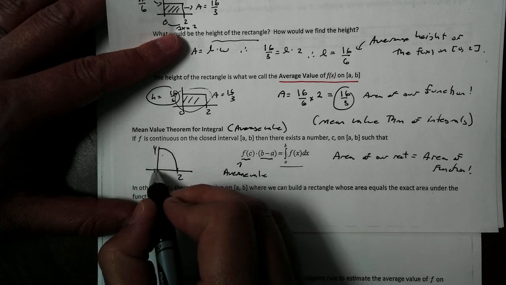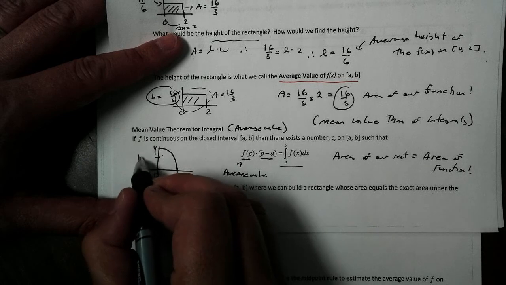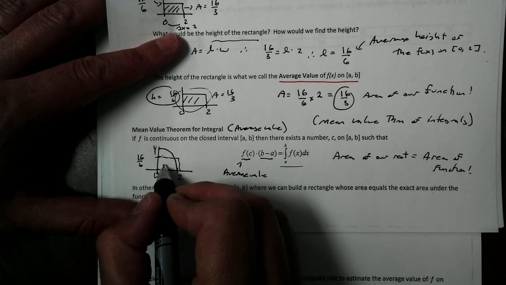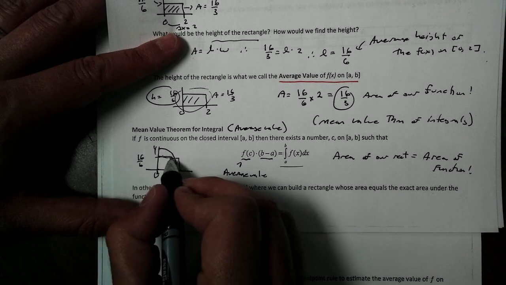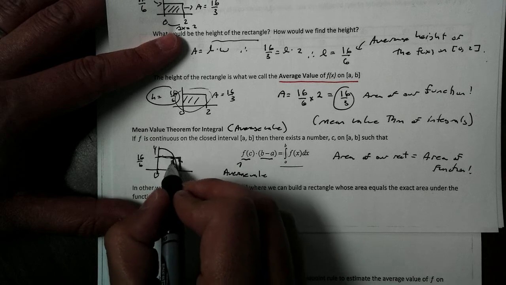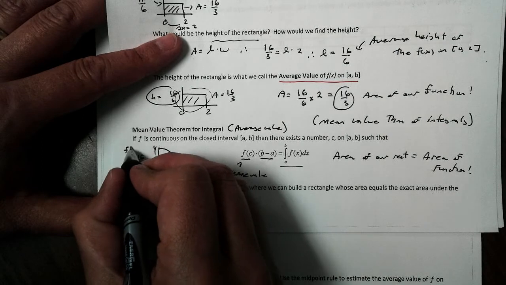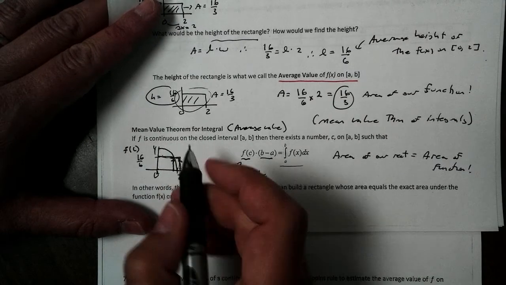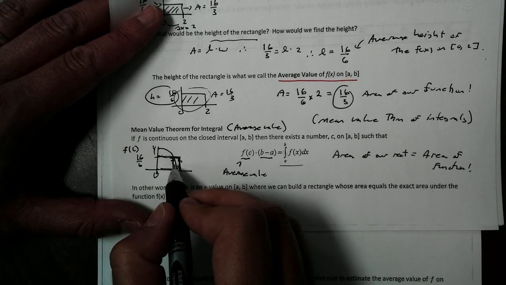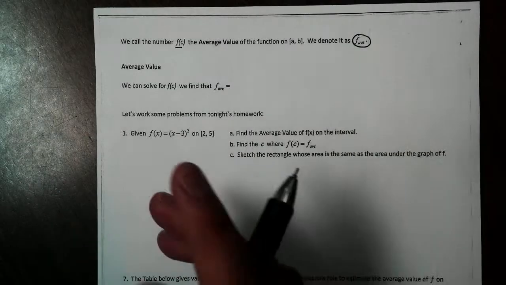What we're saying is I can draw a rectangle between 0 and 2 that has a height of 16/6, and this area will be exactly the same. That those areas would be exactly the same. This 16/6, that is our average value. That this rectangle's area would be exactly the same as our function's area.